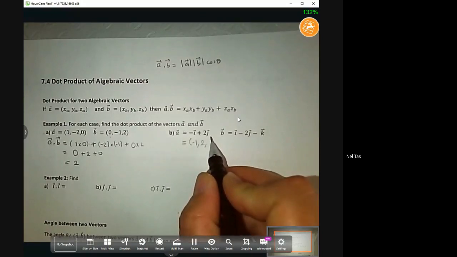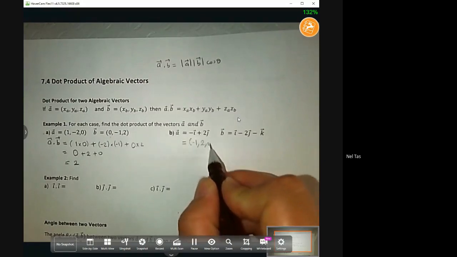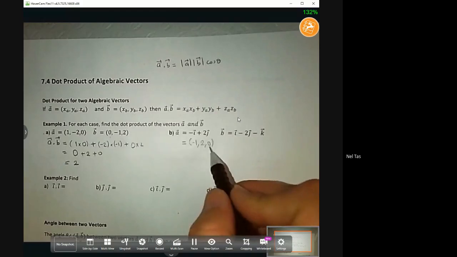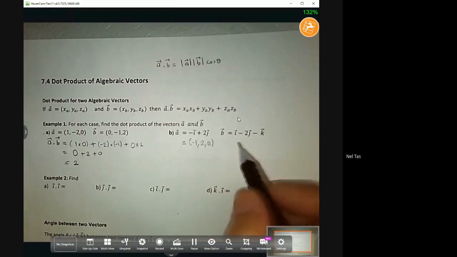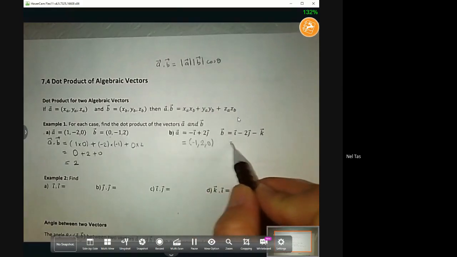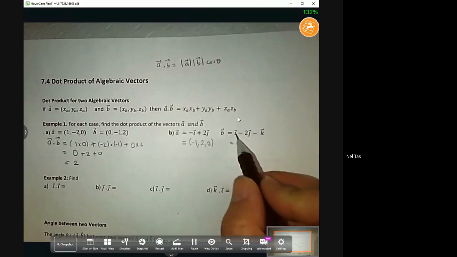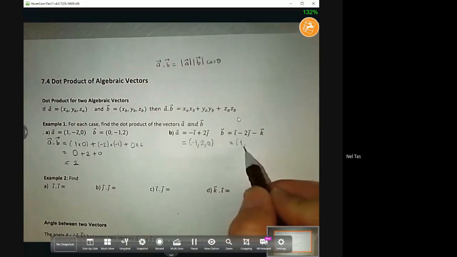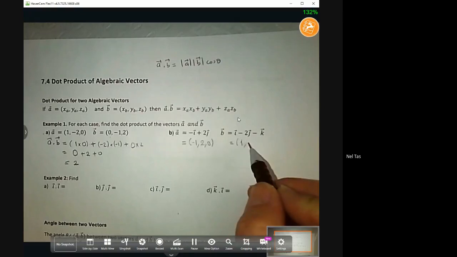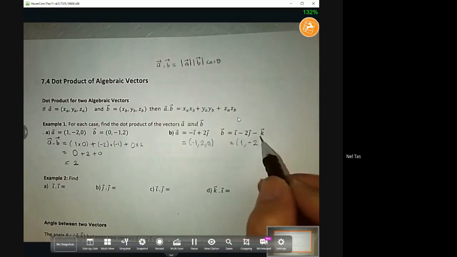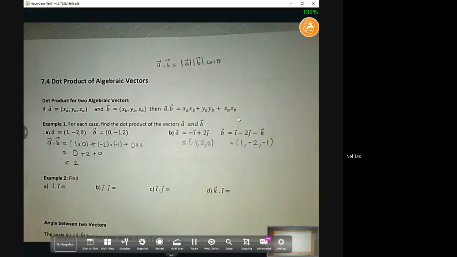We don't see the K, that means that K, the Z coordinate, is 0. Okay, let's do the same thing with B. So we see I, that gives you 1, -2J, -2, -K gives you -1.